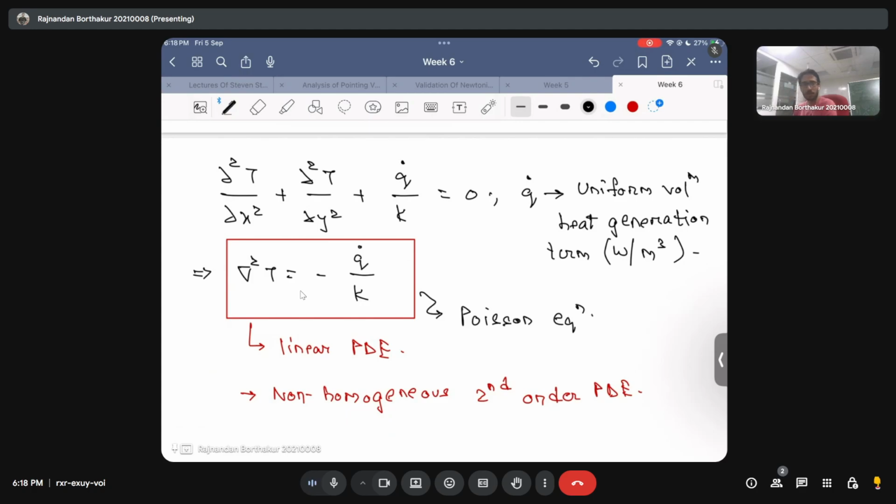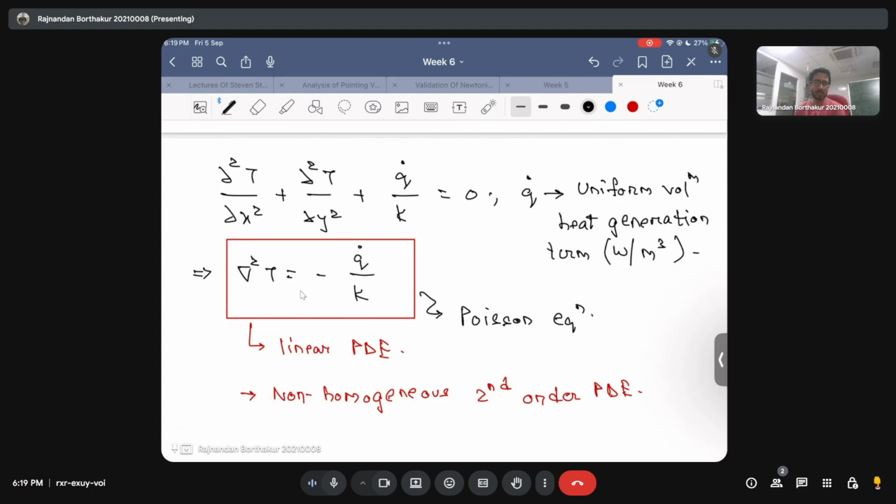And in order to solve a Poisson equation, you cannot directly apply the method of separation of variables, because you don't have a homogeneous governing equation. But still, you can apply it if you use something known as the method of superposition, which we will see at the end of this discussion. Using the method of superposition, you can apply the method of separation of variables in order to solve a Poisson equation in certain scenarios, not in every case, I guess.